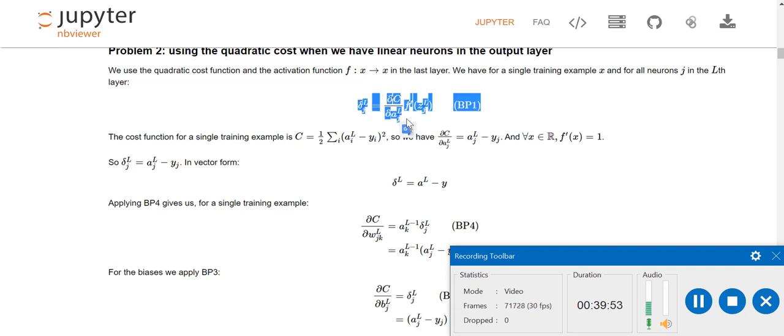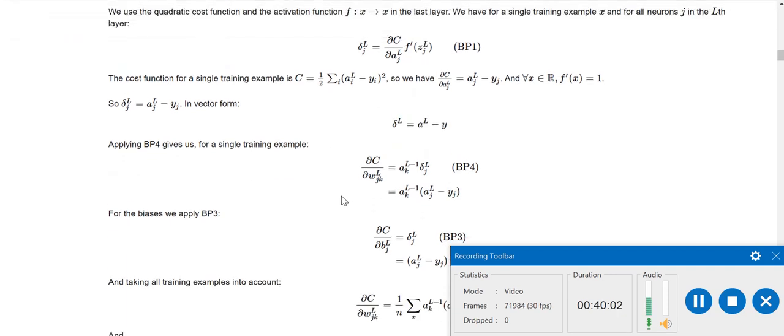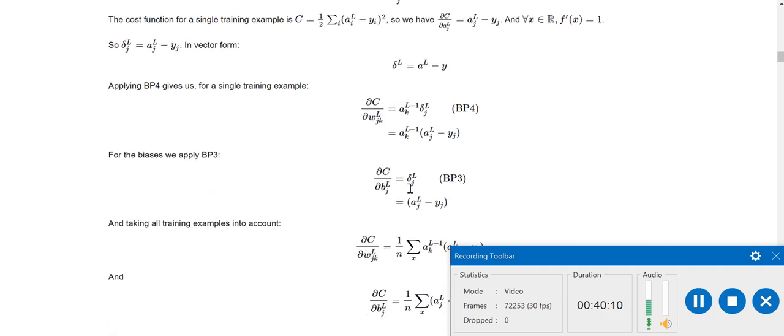So this term is sorted. Next we need this term. So delta_j^l is a_j^l - y_j. So in vector form it would be this. And now when you use the fourth equation of backpropagation, you can get a_k^(l-1) times (a_j^l - y_j). So this term.